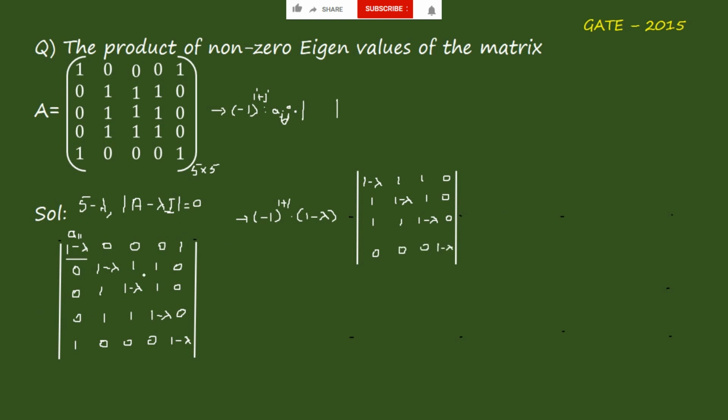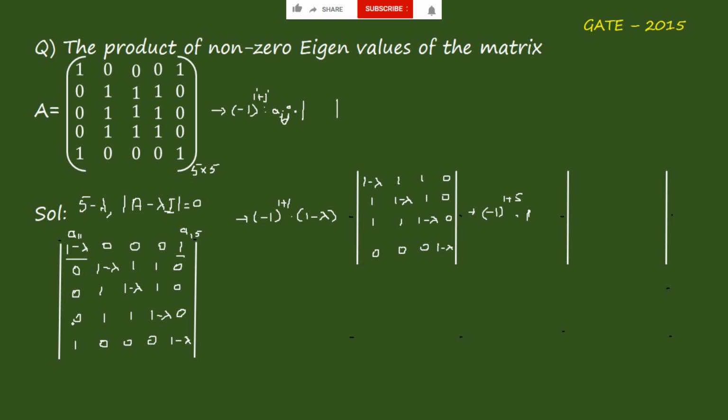Again consider the other term 1, which is a15 in the fifth column, so it becomes plus minus 1 power 1 plus 5 into 1. Don't consider the row and column of this first row and fifth column.